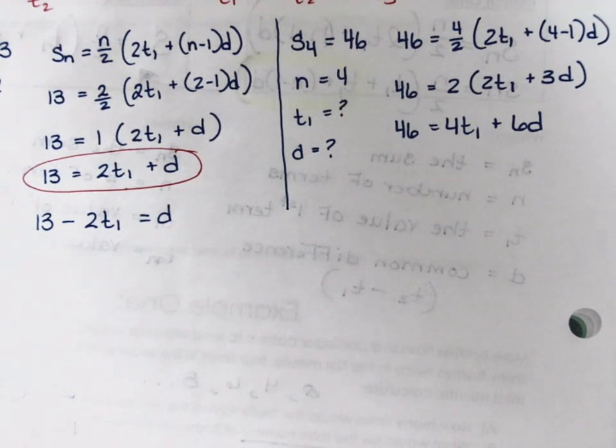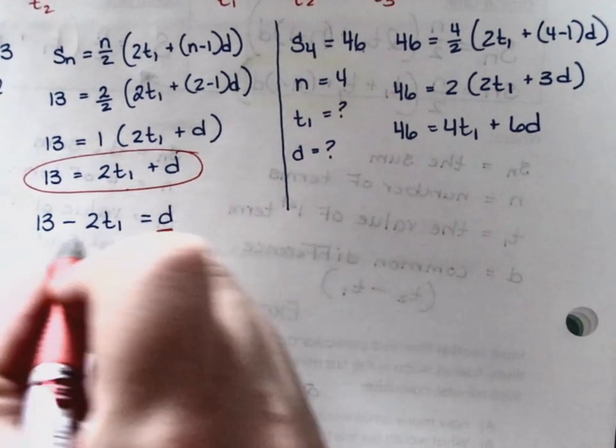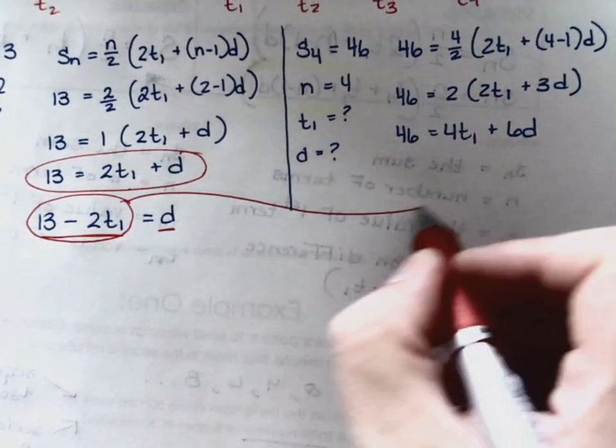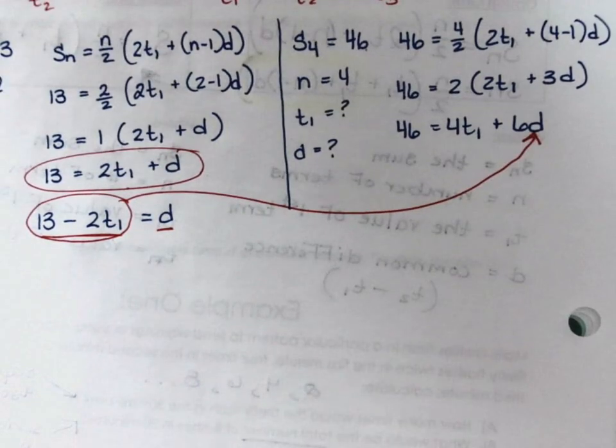All right, now this is chapter 8. We're saying D is the same thing as this, so we're going to take this piece and substitute it into the second formula.